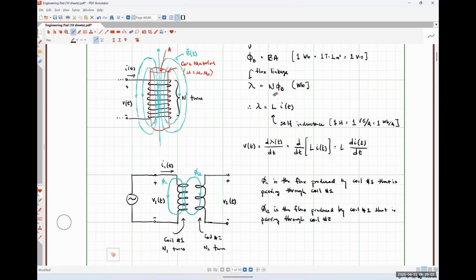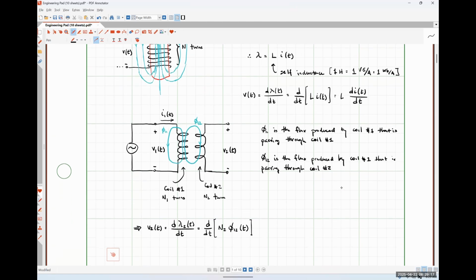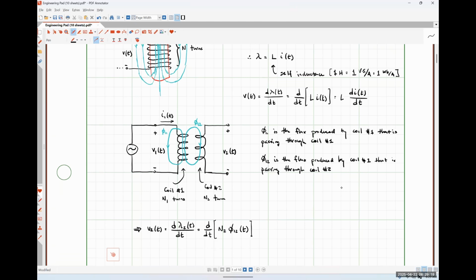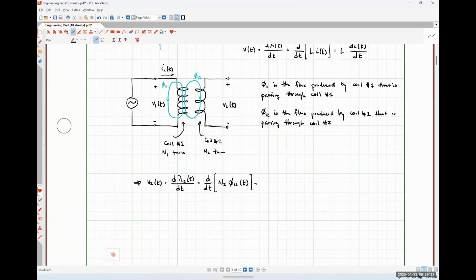If I set those two relationships for lambda, or flux linkage, equal to each other, I can see that N times my flux is equal to L times my current, right? So I could say that my flux phi 12 is then going to be equal to, let's see, so I'm going to have the derivative with respect to time of N2 multiplied by L1 over N1 times I1.